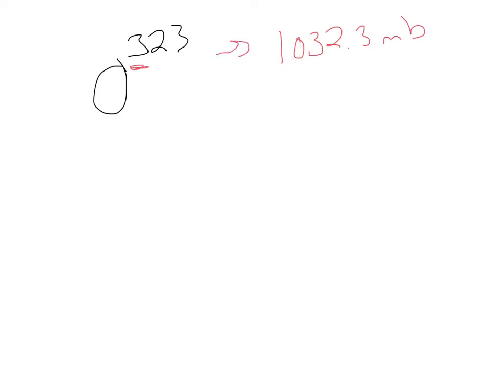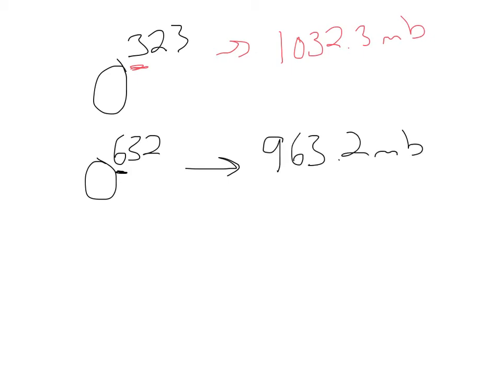If you notice, I'm not saying add 10, I'm saying place a 10 in front, because adding 10 gives the wrong connotation. Now, let's do another one, but in this instance, we're going to put 632. What you do then is look at the front digit. If it's 5 or greater, you're going to place a 9 in the front, so you're going to put 963.2 millibars.